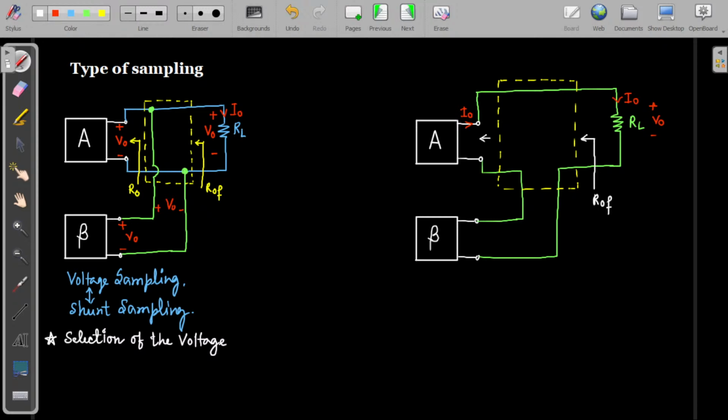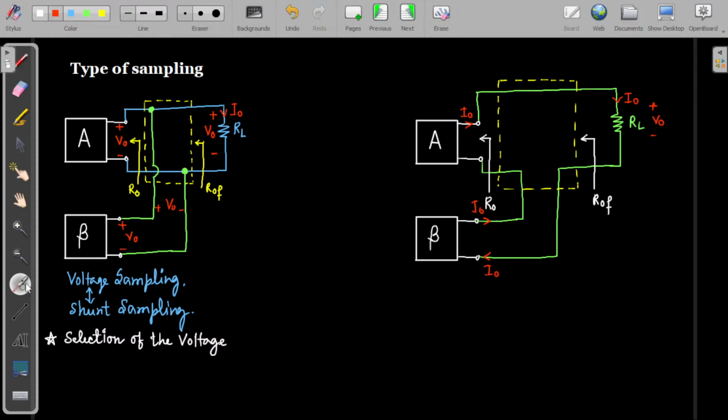This will be the output impedance of the basic amplifier R0. Okay. So now ये जो I0 करंट है, ध्यान से देखना, this current will flow through the RL, comes here and moves into the feedback path. So the input current यहाँ से आएगा I0 and this I0 current will flow in this pattern.